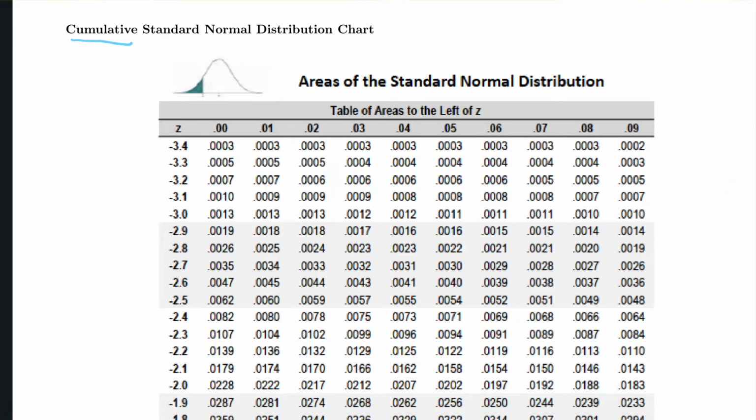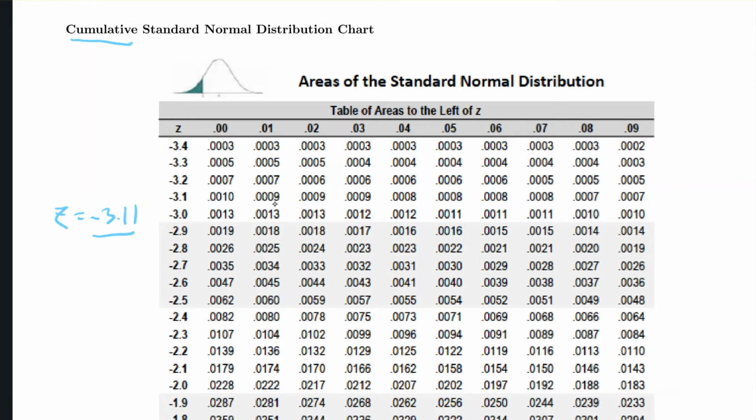We'll do some examples, but let's look at this table. Let's say the z-score is negative 3.11. Then we'll look here, negative 3.11. This is the area. That means to the left of negative 3.11, the area is 0.0009.